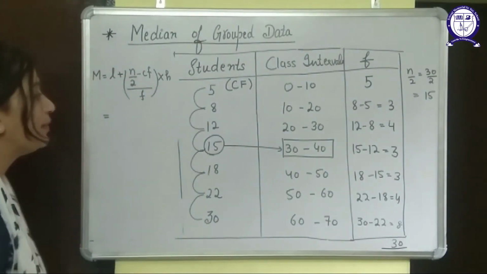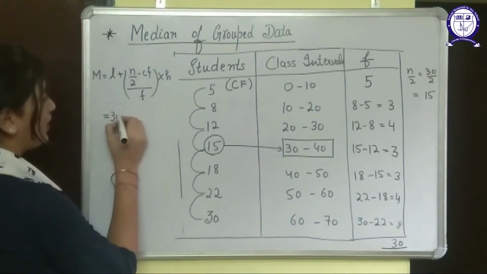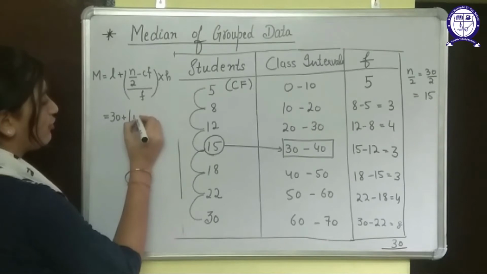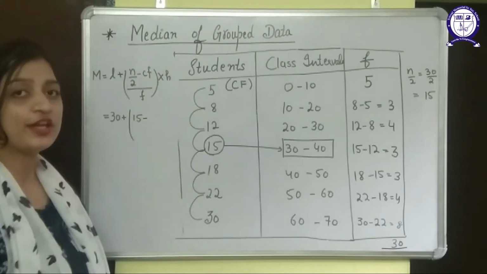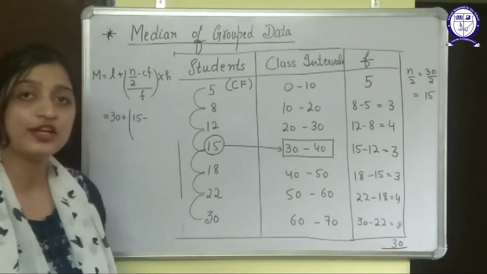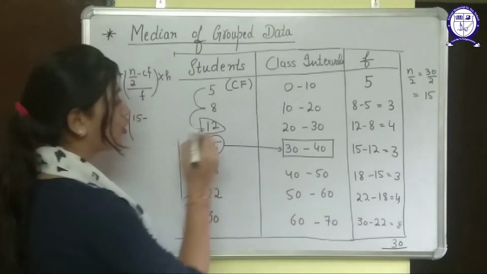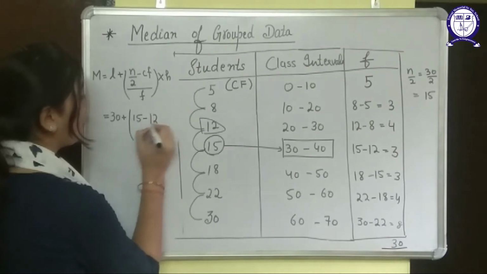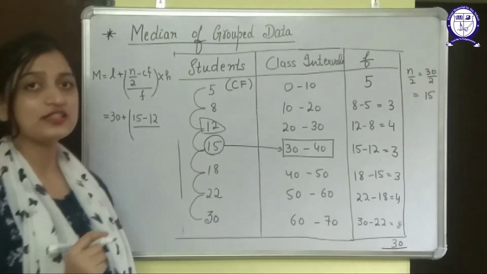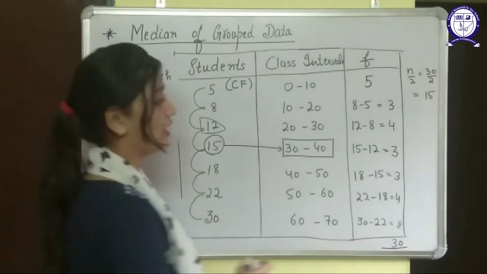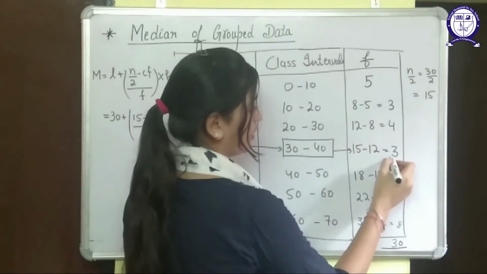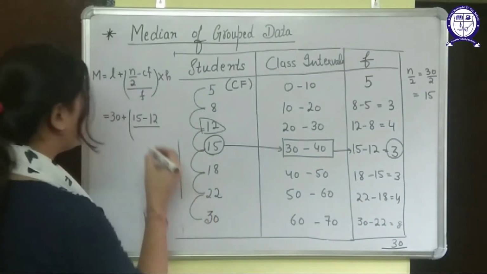So my lower limit is 30, plus n by 2, 15. Cf is the cumulative frequency of the preceding class, that is this 12. So I will take 12. Then f is the frequency of the median class, that is this one, my 3.